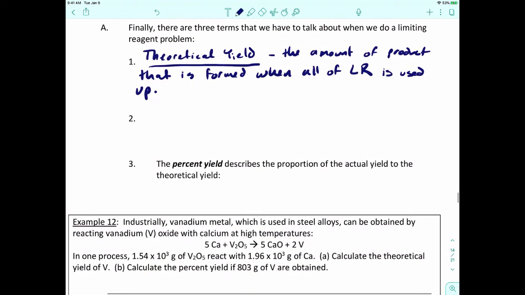Now, a lot of times, though, when we do a chemical reaction, it's not going to be 100%. So while we have a theoretical yield, we have another term called the actual yield. So the actual yield is the amount that's actually obtained from the chemical reaction.